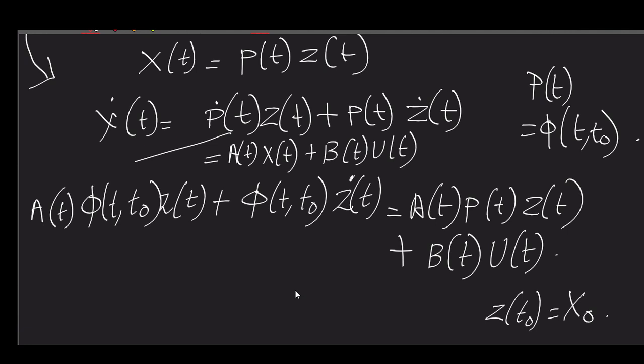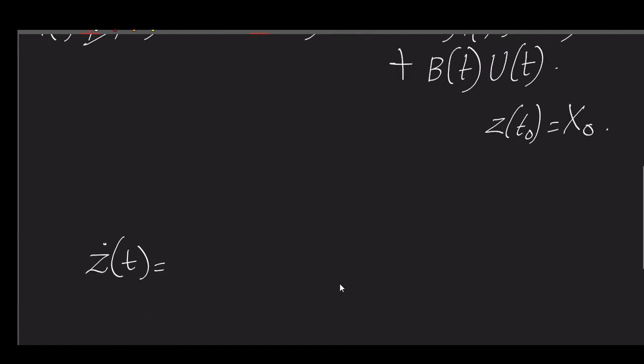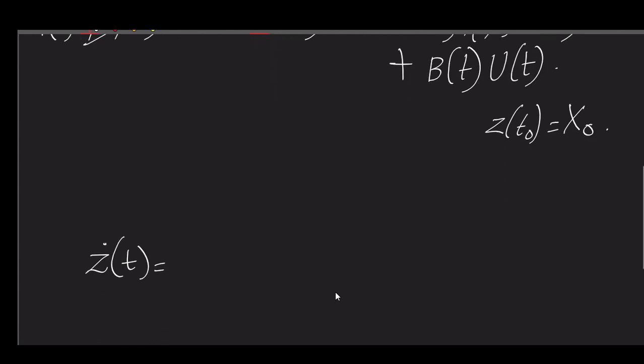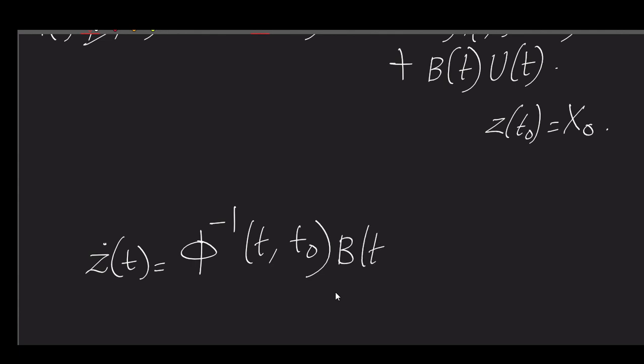Obviously P has to be replaced by phi(t, t0), because this is our definition of P. So we can drop these two terms, therefore it yields z dot t is equal to phi inverse(t, t0) B(t) u(t), while z(t0) is equal to x0.